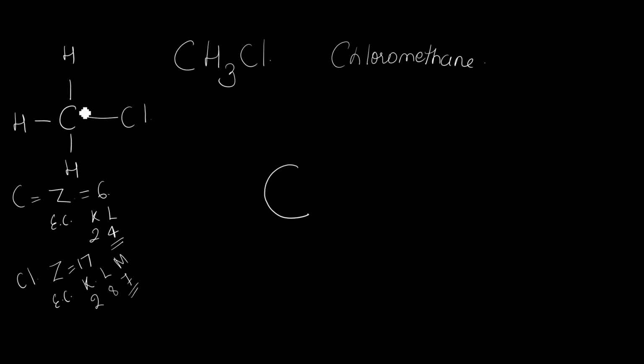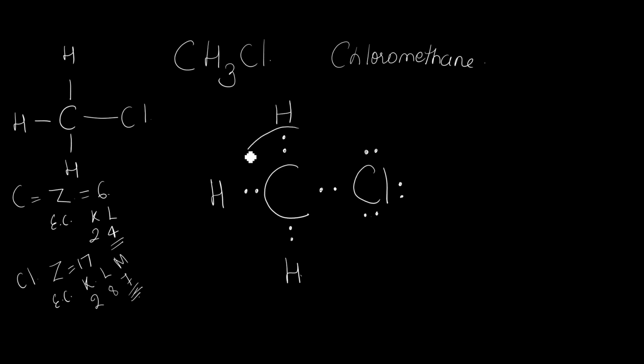First, carbon: how many valence electrons? 4 valence electrons of the carbon, write down. Then hydrogen has 1 electron, so 1 electron of hydrogen, again 1 electron of hydrogen, 1 electron of hydrogen. Now this carbon makes a bond with chlorine. Chlorine has 7 valence electrons. It needs 1 more electron to make an octet in the outermost shell. So 1 electron here I am showing, and put all 7 electrons for the chlorine.